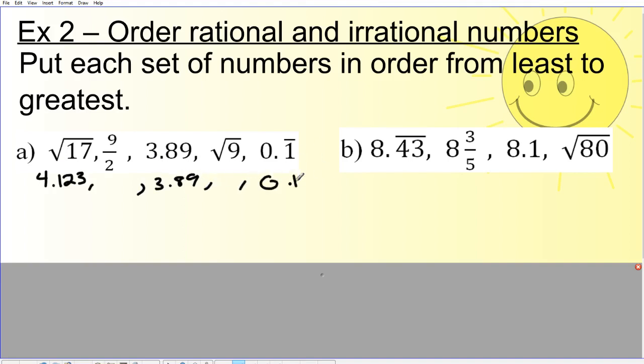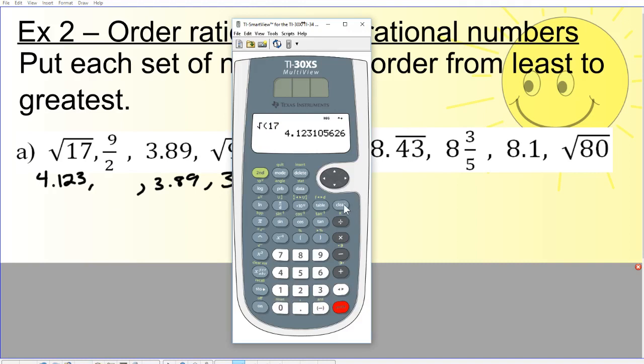That's 0.1 repeated. I'll be honest, I know what this is as a decimal. I've done square root of 9 a whole bunch of times in the past few lessons. That's just 3. And 9 halves, I know what half of 9 is. If you don't know, the way you change a fraction to a decimal is you divide. 9 divided by 2 is 4.5.